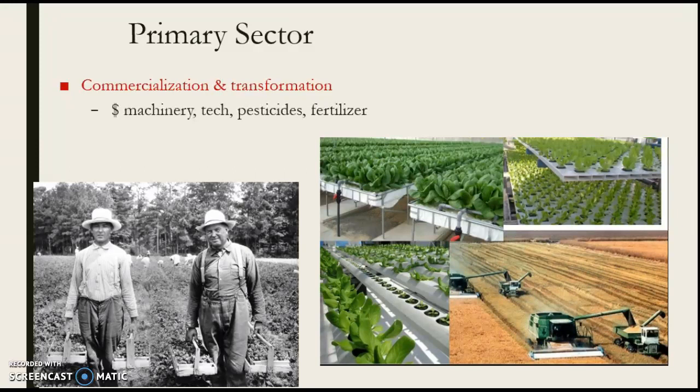We have an increased use in machinery, technology, pesticides, and fertilizers. So the men on the left side of your screen simply picked strawberries that grew what we'd consider today organically. Simple farming practices, simple extraction, simple transportation to market. The image on your right shows you farms that transport goods across the country and many times overseas.